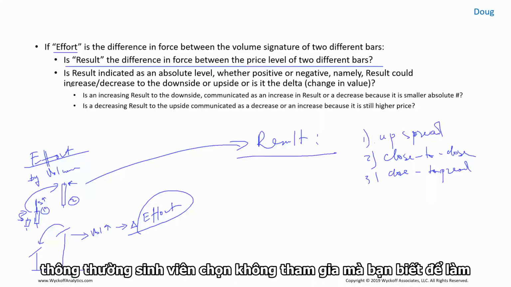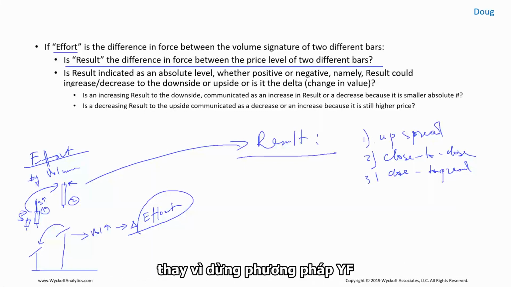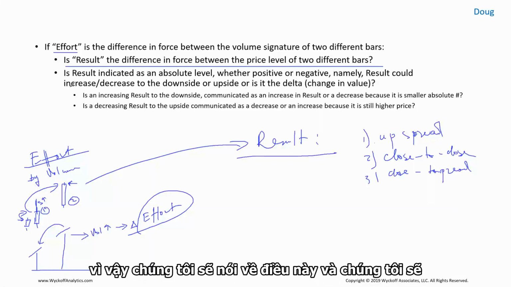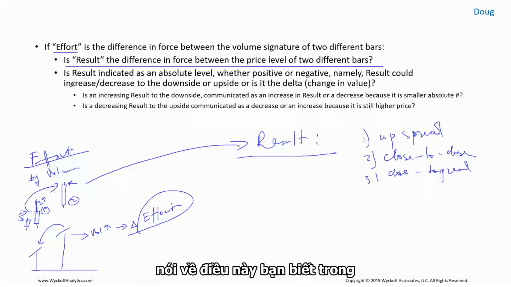Usually students opt to do that instead of the Wyckoff method stop losses, which are extremely discretionary. So we'll talk about this in the practicum. But intention is slightly different, but still under the result.